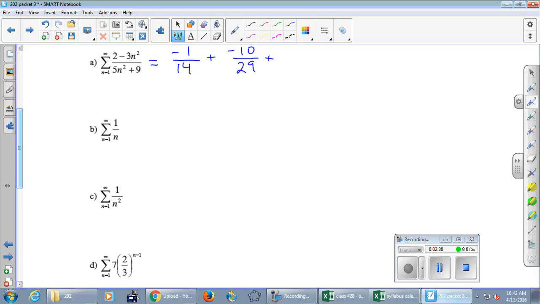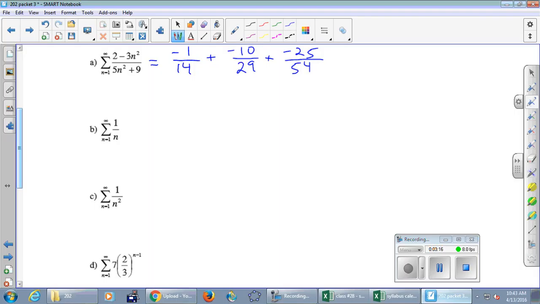Let's do one more. Negative 25 is good. You could split them with commas if you wanted to list the terms.